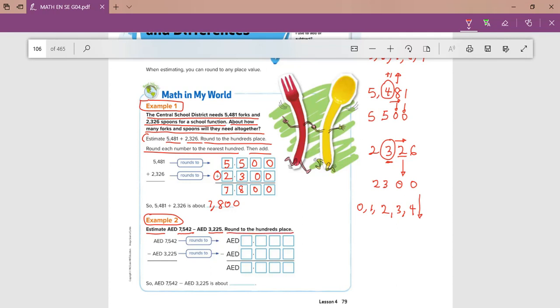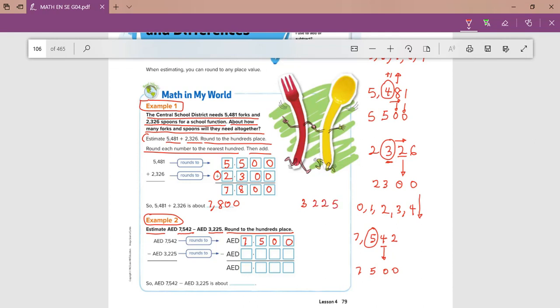So if you want to round to the hundreds place, the number is 7,542. I identify the number in the hundreds place. Check the number next door, it is 4. So you have to round down by doing nothing. So this remains 5, 0, 0. So I have 7,500.